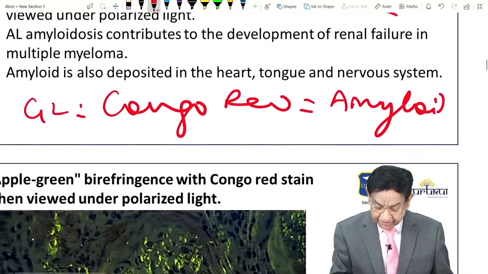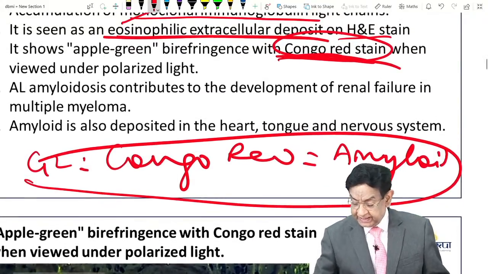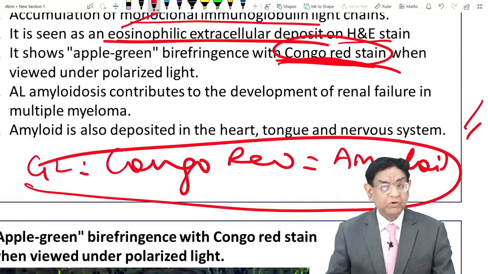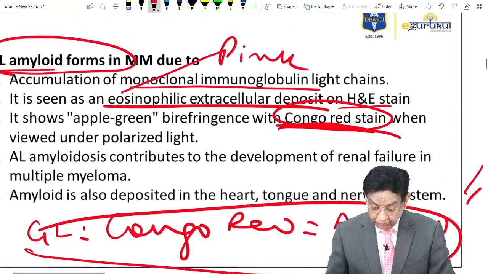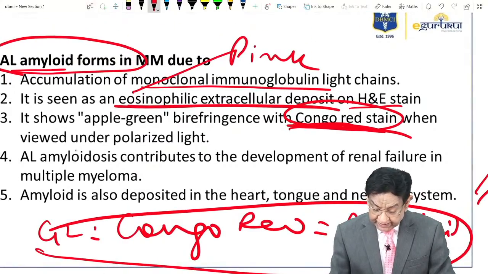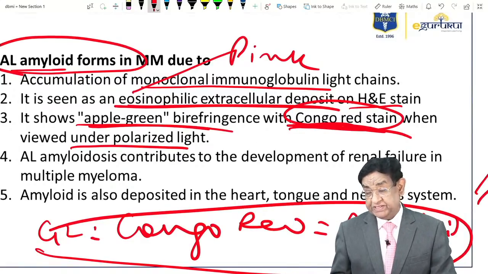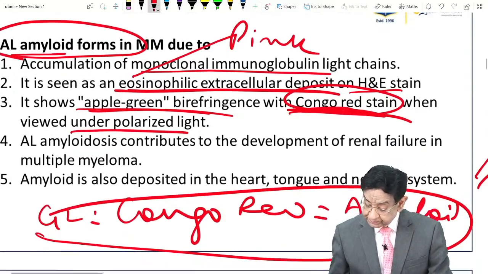If you are talking about Congo red, you are dealing with, oh sorry, you are dealing with amyloidosis. When you see under the polarized light, you get apple green birefringence. The classical finding. Apple green, Congo red is amyloidosis.